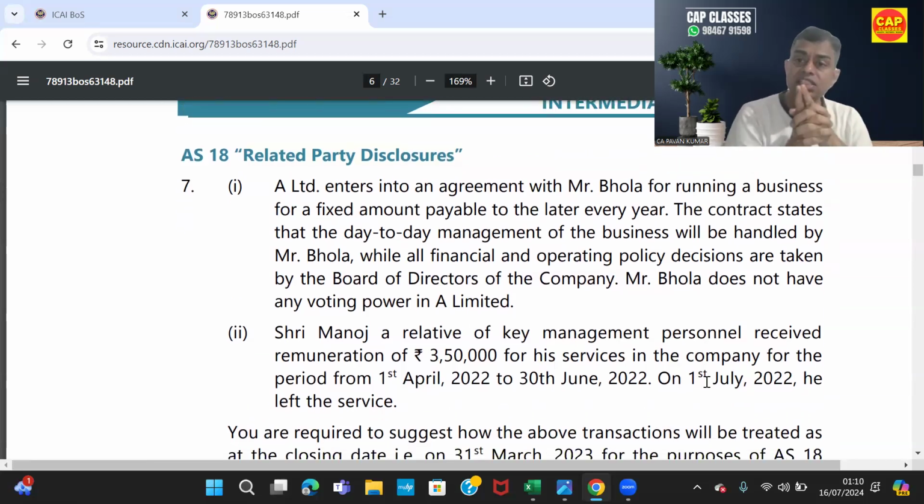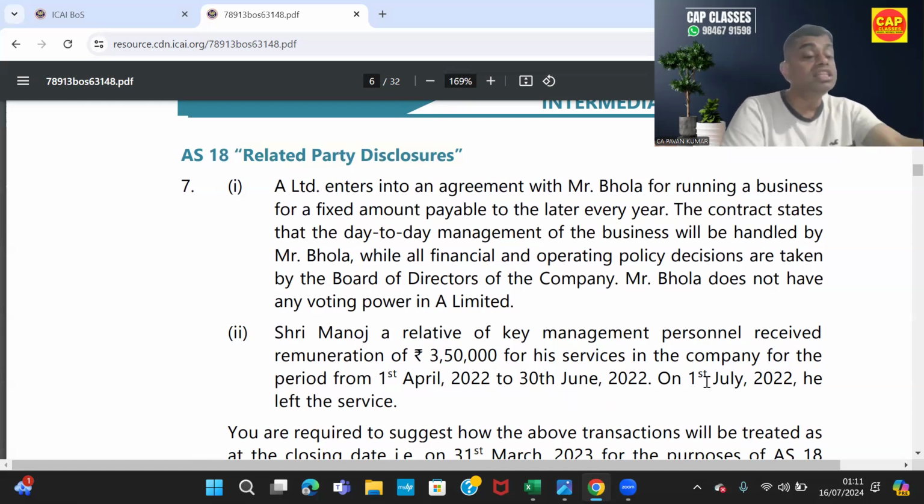If you remember our discussion on the related party disclosures accounting standard, there are only 5 types of relationships discussed in accounting standard 18. One is control, on the left hand side. Another one is other than control. There are 4 things: B, C, D, E. In case of A, when there is a relationship of holding company and subsidiary company, whether there are related party transactions during the year or not, even if there are no transactions during the year, still you need to disclose the relationship.